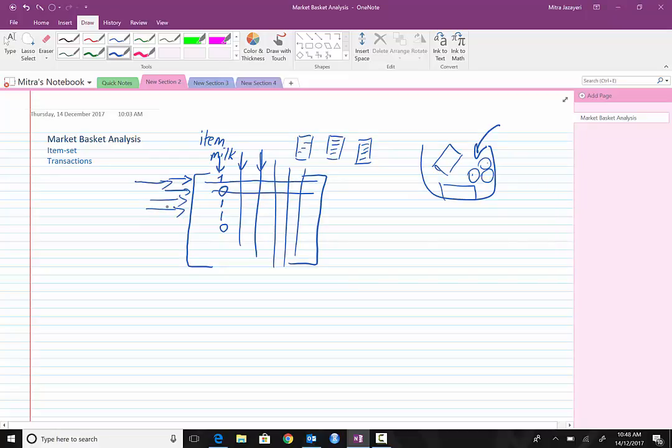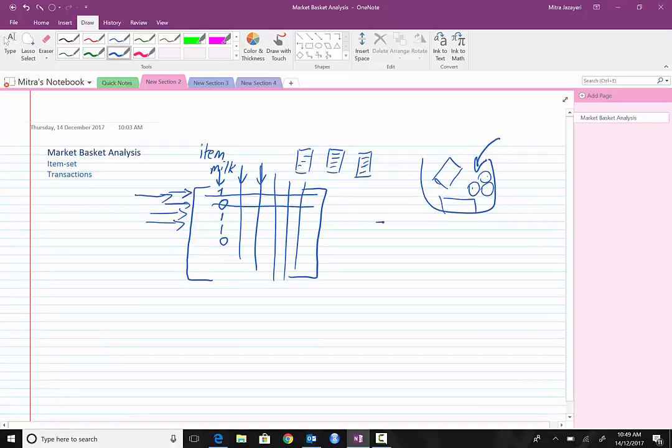Each line is called a transaction, and for the columns, we can represent our items as an item set I, and we put it as I1, I2, and goes on up to IN.